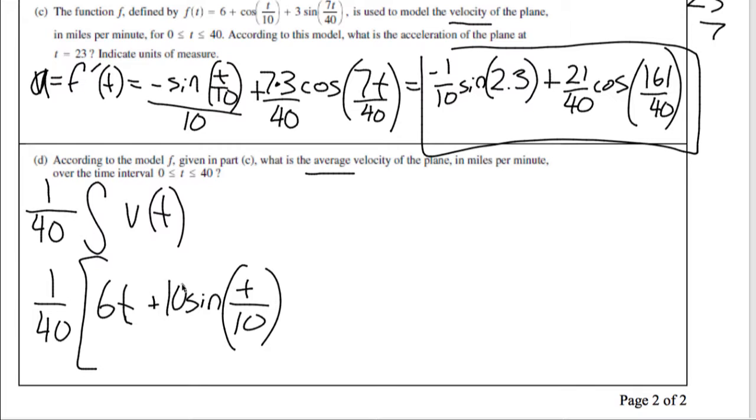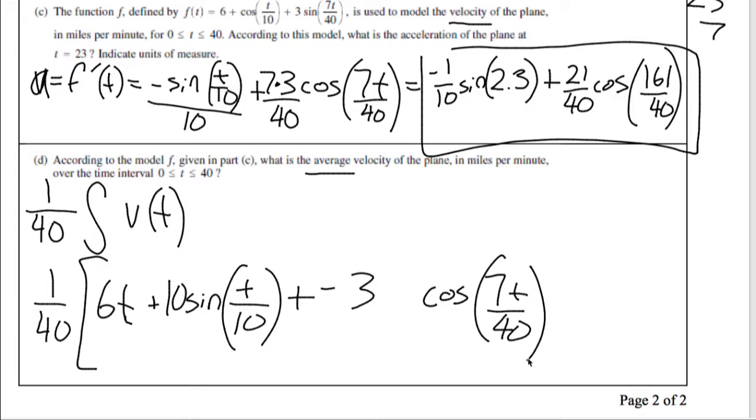And then I need to add this to the antiderivative of sine, which is negative cosine. Yep, so it's going to be negative 3, leave some room, cosine of 7t over 40. Again, taxman means I'm going to multiply out front by 40 over 7.